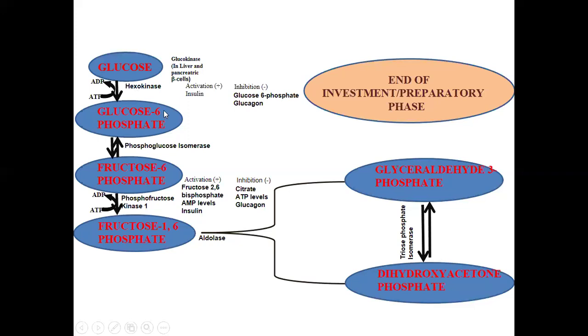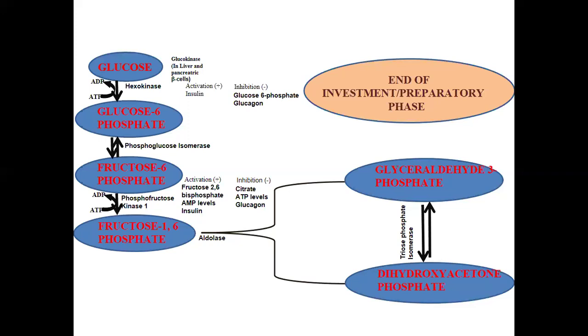Outside that, it is hexokinase that's going to help you convert glucose to glucose 6-phosphate. Okay, so we have molecules that regulate these pathways at different points. For step 1, the molecules that regulate it are insulin, glucose 6-phosphate, and glucagon.